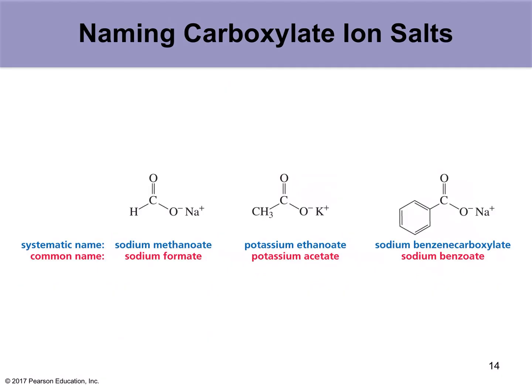Now carboxylate ion salts. A carboxylic acid is an acid functional group; when the hydrogen is lost, you're going to be making a carboxylate salt. So this is sodium methanoate with 1 carbon, potassium ethanoate with 2 carbons, and sodium benzene carboxylate, but this is a very common name.